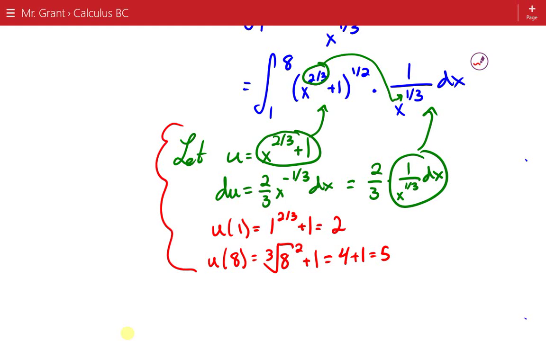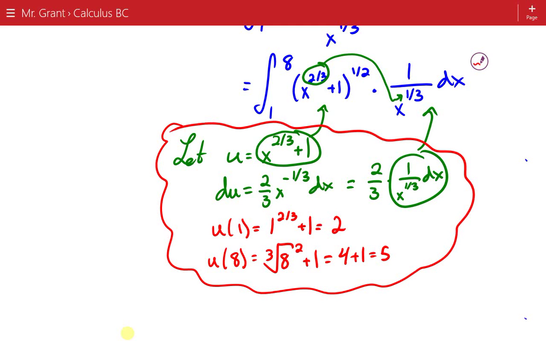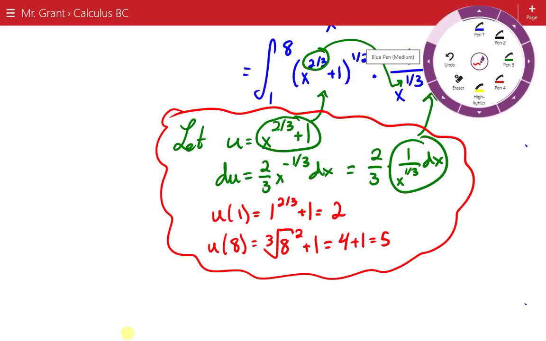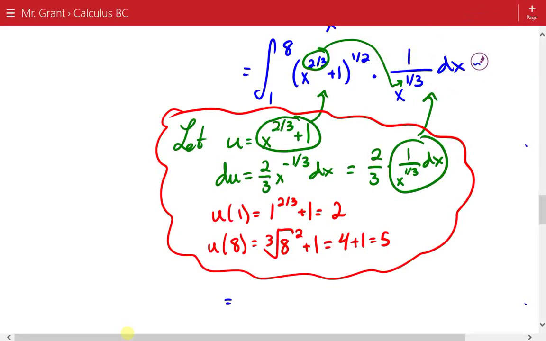This was our little u substitution step here. So let's see what this ends up coming out to be. I think we will get the integral from 2 to 5, u to the 1/2.